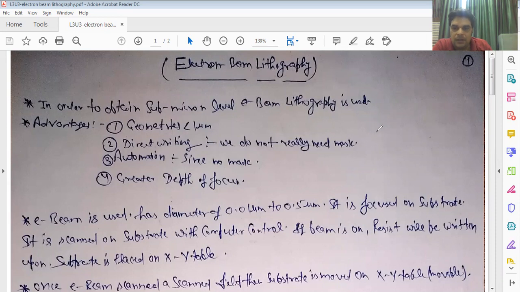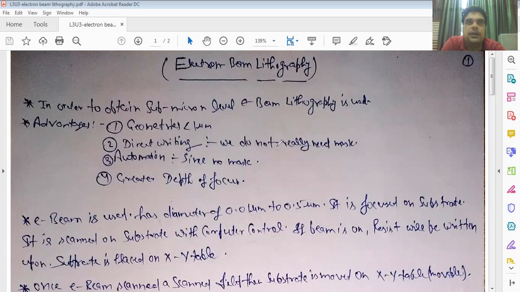Electron beam can work as a pen, and on the substrate it can be used to write directly without using any mask. This is the advantage of electron beam lithography.